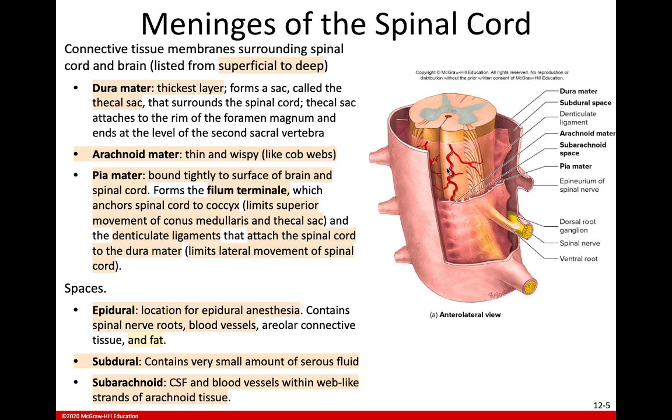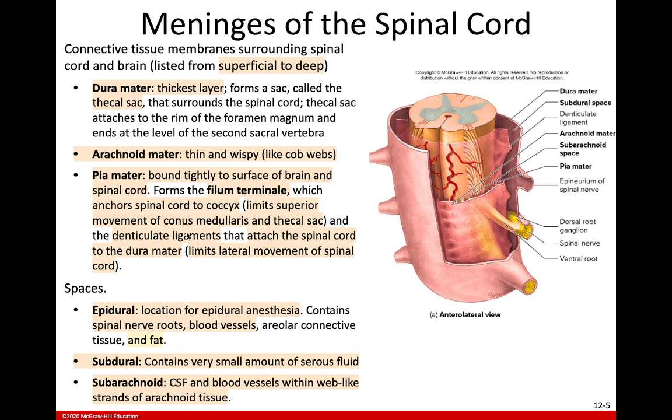And basically, this helps to limit the movement of the spinal cord. The filum terminale, it also forms the denticulate ligaments. Again, this right here shows you a little denticulate ligament.